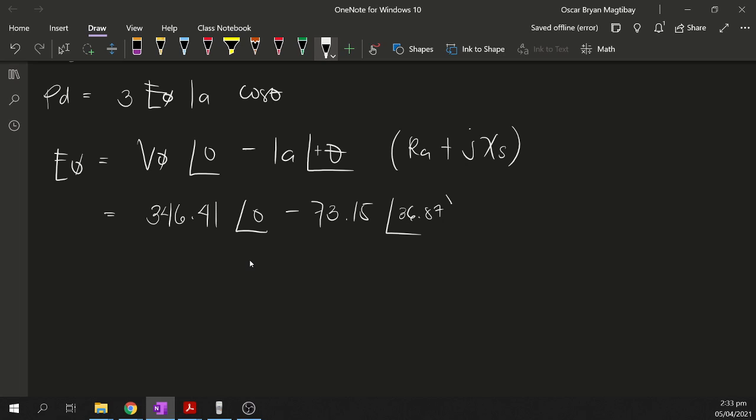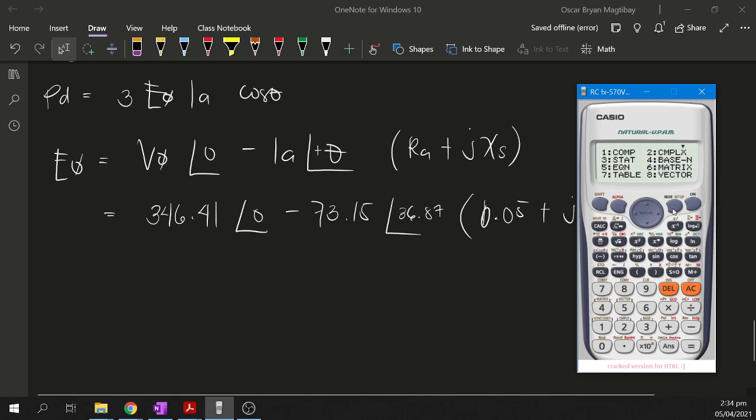That is our theta, times RA 0.05 plus j 0.45 ohms.